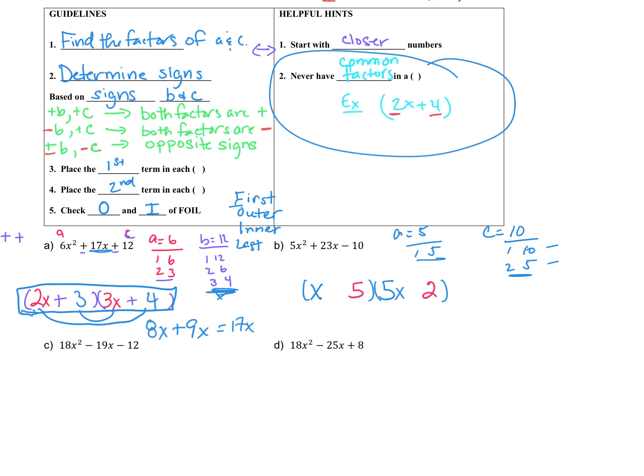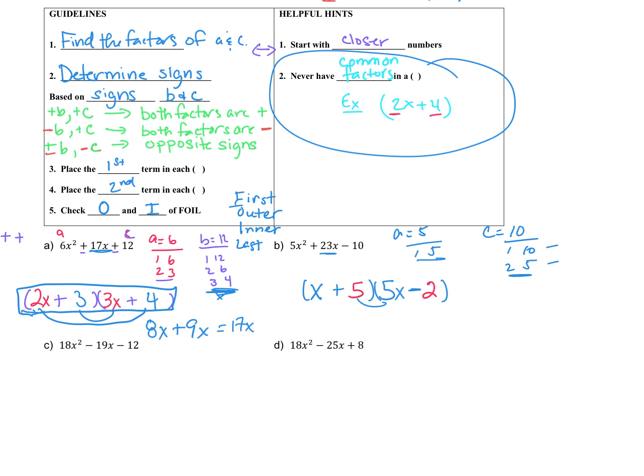Now this is where you have to determine your sign. If you're not sure, just substitute some numbers in there and see what you get. If you're multiplying these out and you see this 23, and 5 times 5 is 25, that helps you determine maybe one goes here, one goes there. If not, put them in there, multiply the outside and the inside, check your work and see how it goes from there.